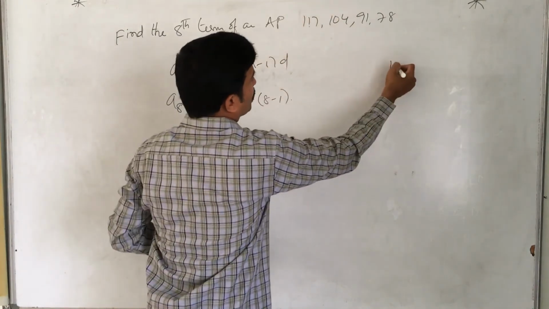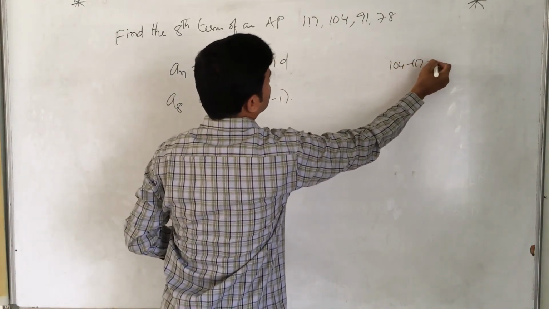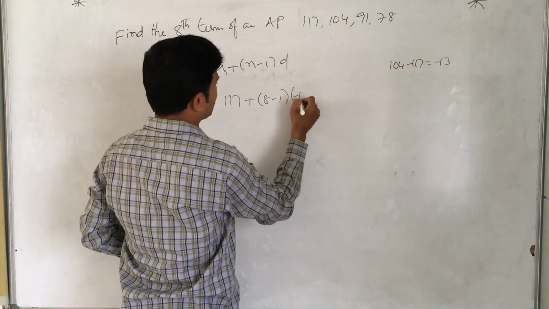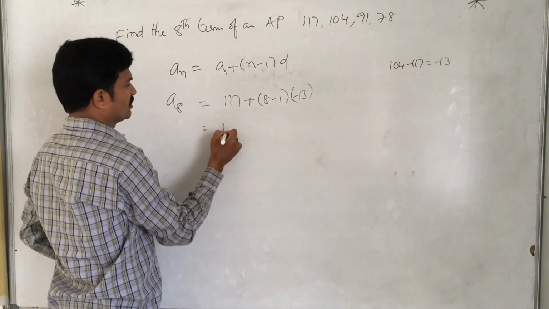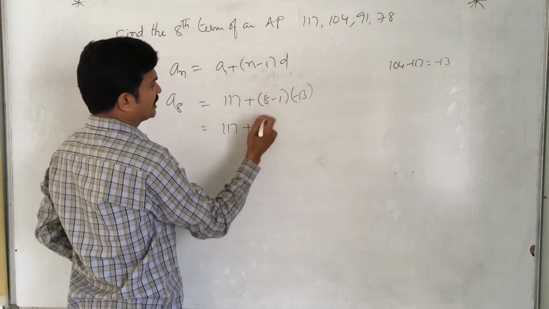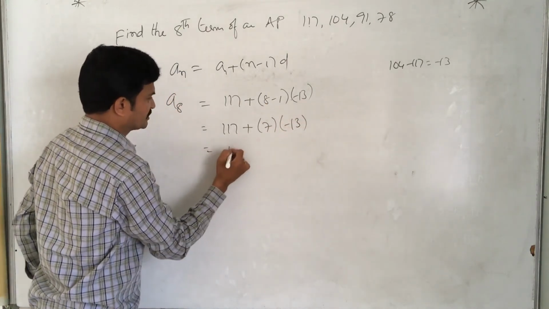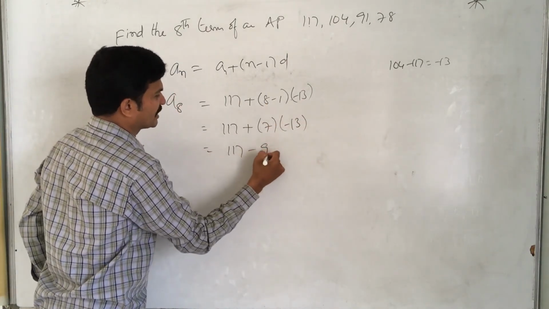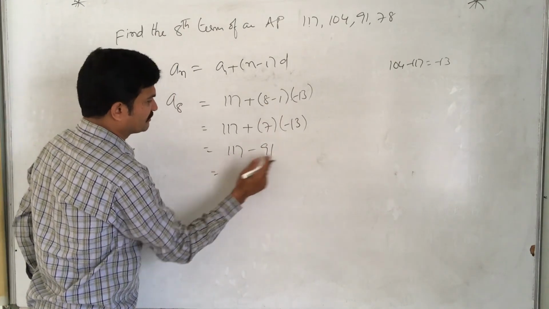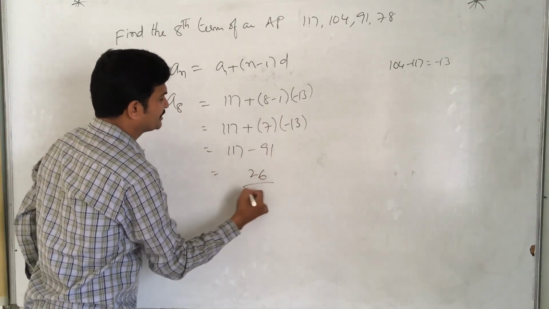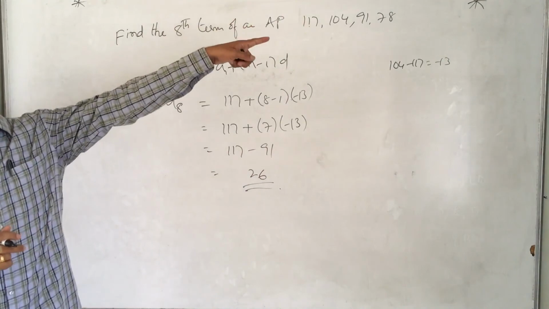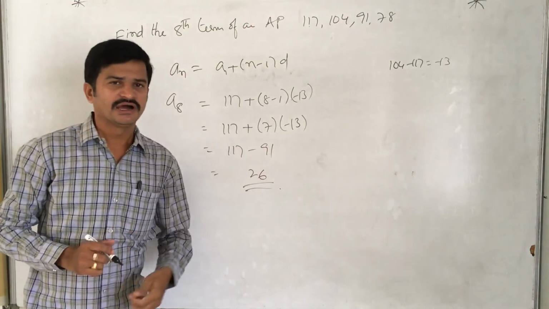So 117 plus 7 into minus 13, that is 117 plus minus 91. 117 minus 91 is 26. It is the eighth term of the above arithmetic progression.